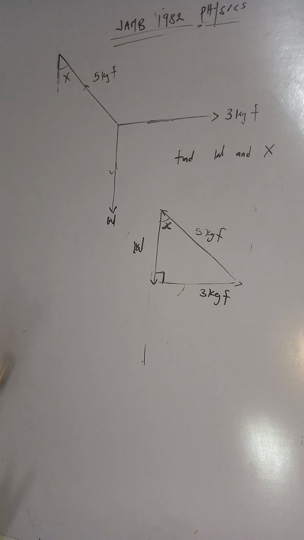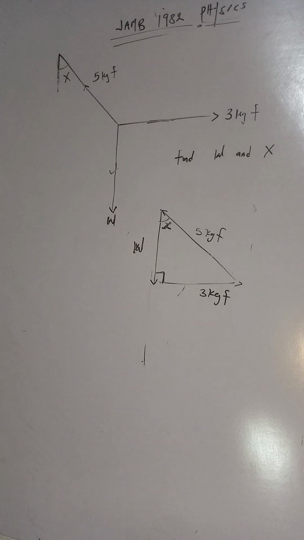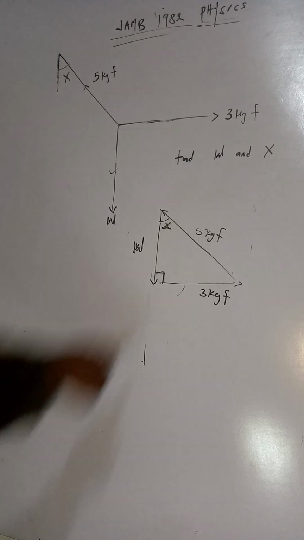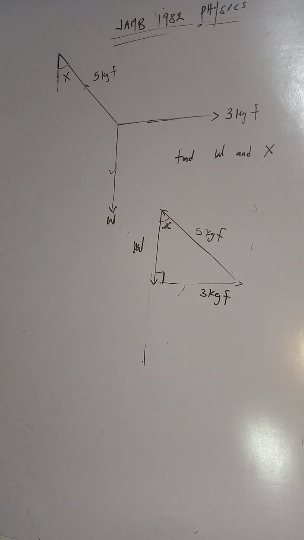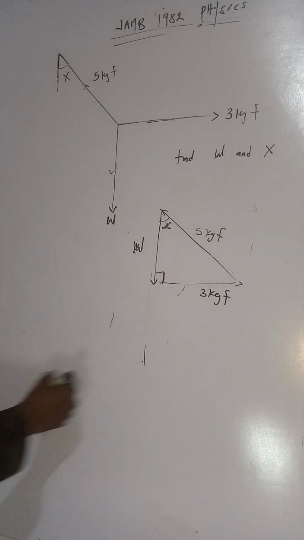Now we want to look for W, which is the weight, and also the X, which is the direction of this resultant here. I call it a resultant. Let's look for W first. Here is the longest side. We know that for the longest side we use the cosine rule.